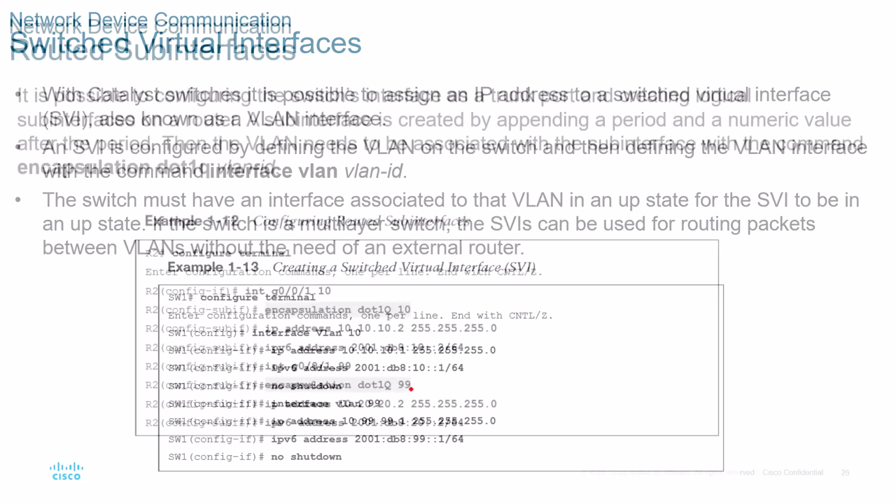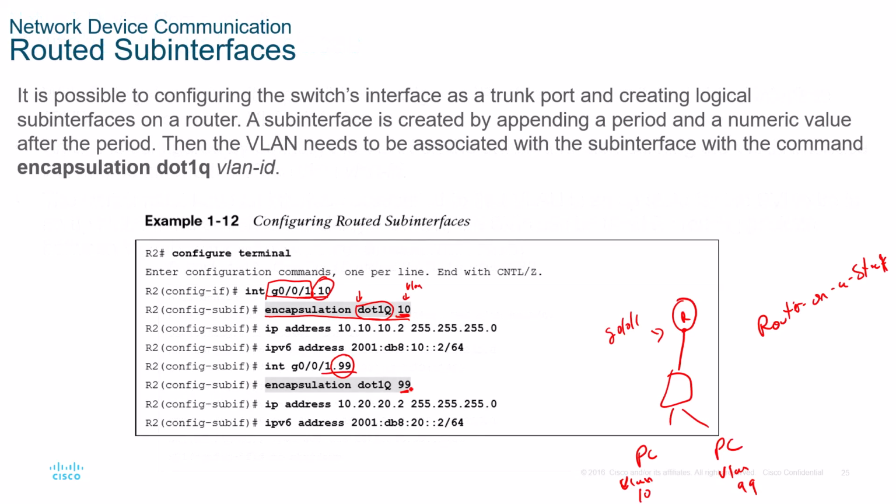So I'm going to go back. One thing that this slide does not talk about whatsoever, and it's actually really important, is that interface gig 0/0/1 needs to be turned on. If it's not turned on, sub-interfaces cannot be used. A common mistake that I see is people forgetting to turn on the parent interface. What's common between these sub-interfaces? It's gig 0/0/1. That's the parent interface.